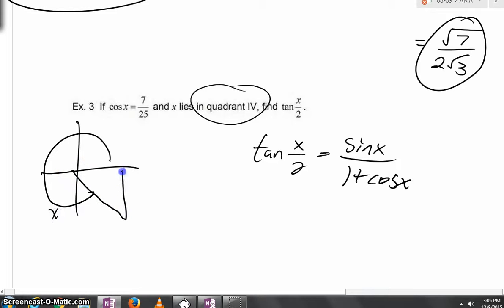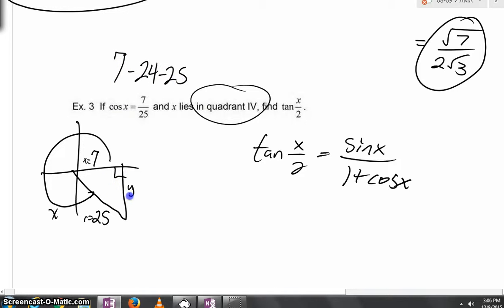You could say, well, cosine evidently is your adjacent over your hypotenuse. And you could call this your x coordinate and your r coordinate if you'd like. If you know your Pythagorean triples, what triple do we have here? 7, 24, 25.